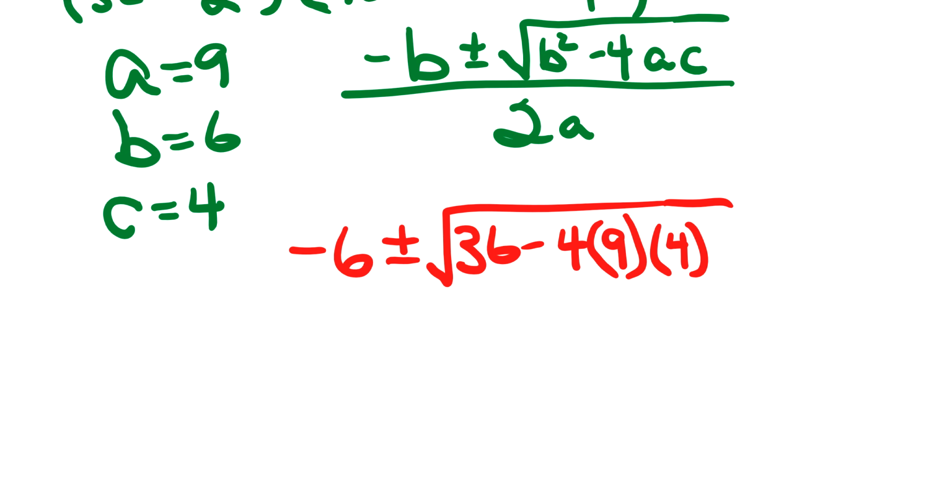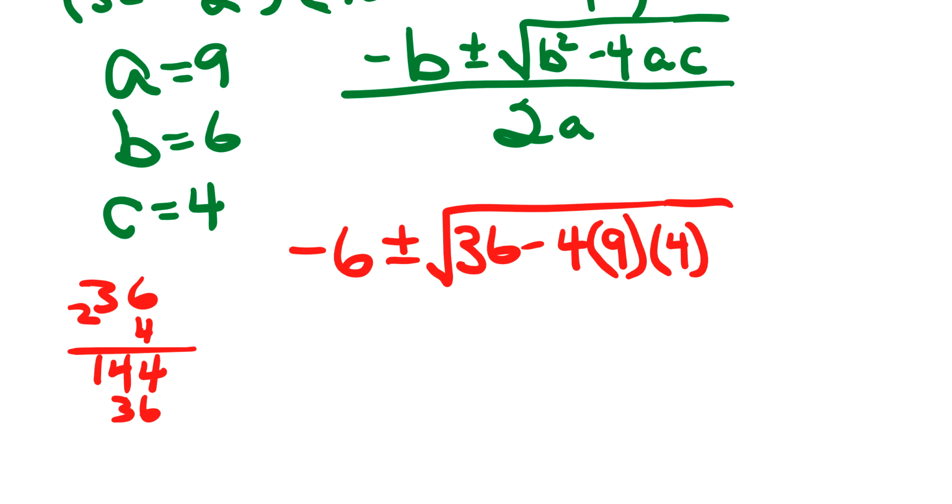Okay, I want to figure this out again, though, like I was talking about. All right, so we got 36 minus 4 times 9 times 4. So that looks like it's 36 times 4. 4, carry the 2, 12, is that 14? Oh, nice, I think. So I got 36 minus 144. So I'm going to subtract the 36.